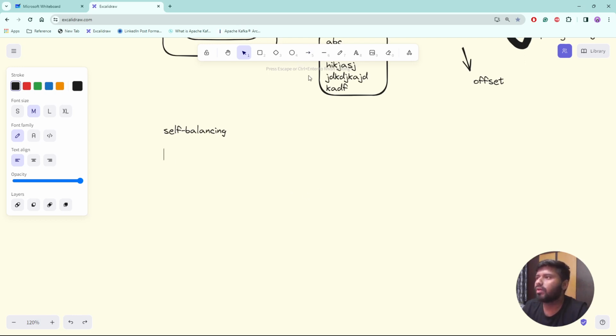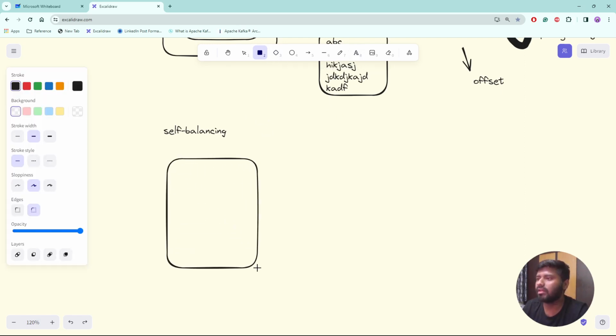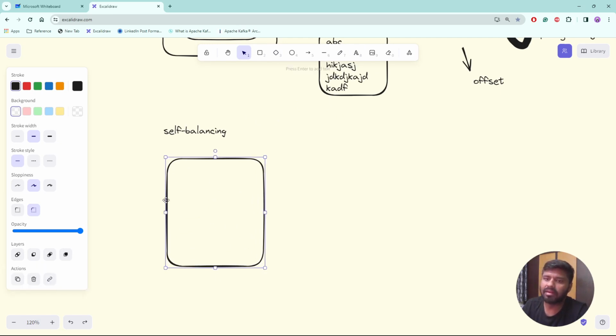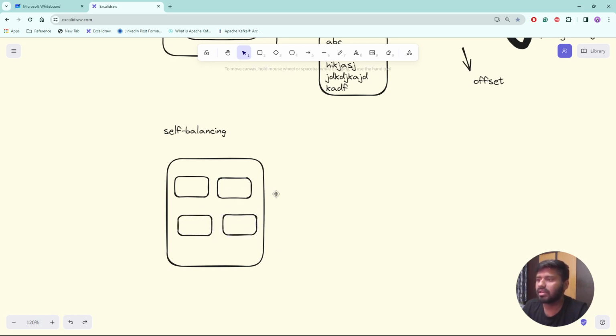So far, folks, we learned about something called topics. Let's say I draw one more diagram, my expanded version of a topic. In this topic, we have something called partitions. This is one of the partitions. Say, for example, I have taken 5 partitions here.